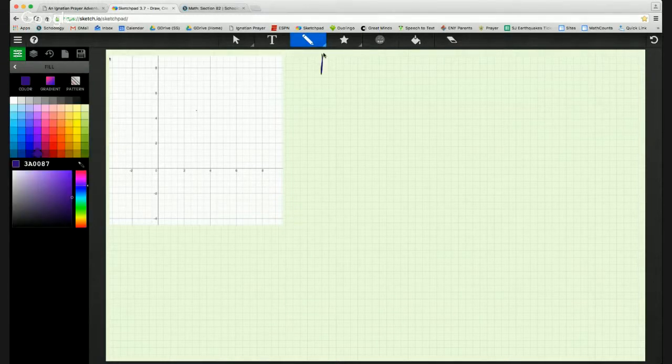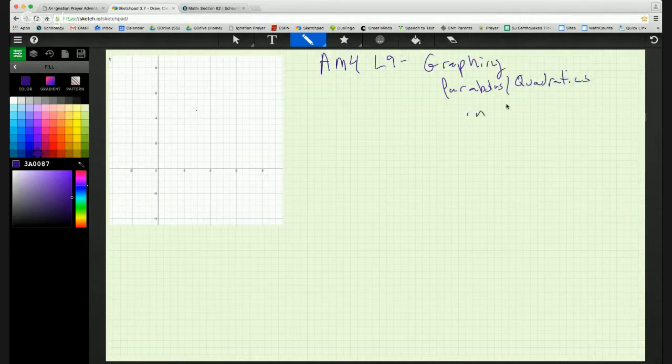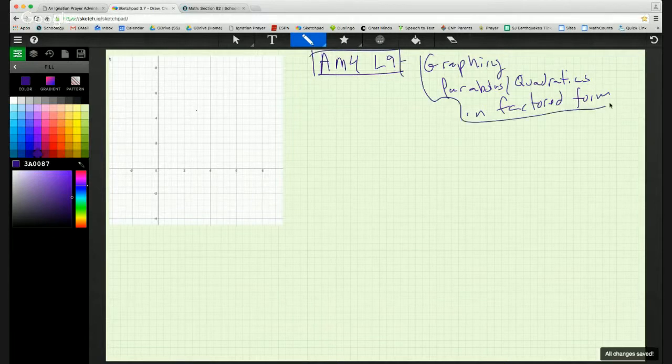All right, AM4, lesson 9, graphing parabolas, quadratics in factored form. Okay, so there'll be a couple key points of learning. We'll try and call those out.